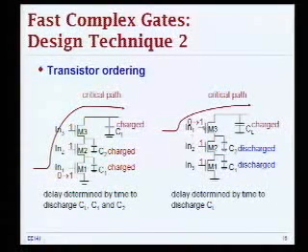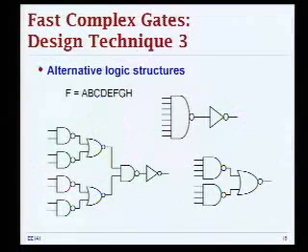All that this lazy signal has to do is discharge the big capacitance, and not deal with all of these. That will improve your delay. The delay is determined by the time needed to discharge this final capacitance, so you order your inputs in an appropriate way. That's option number 2.